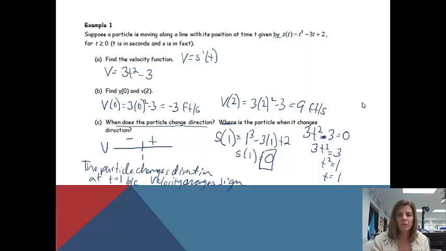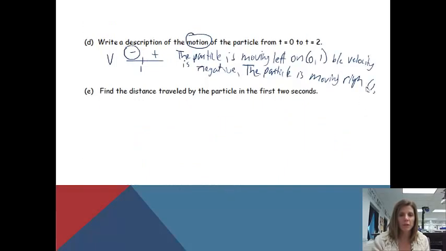Nope, just t is greater than or equal to 0, so I guess forever and ever. So from 1 to infinity, the particle will be moving to the right, and that was because the velocity is positive. So basically the same thing that we did with our f prime charts.